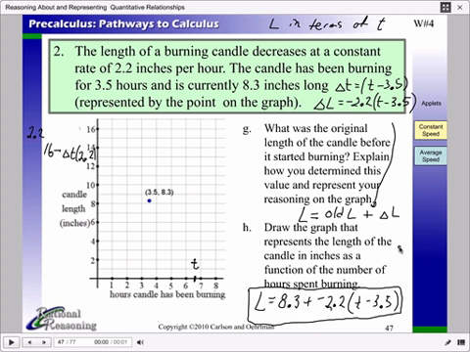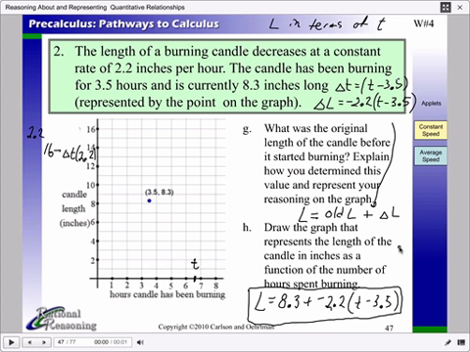Then we have the old L plus the change in L, which gives us the value of the length given the value of the time. Anybody have a question? If you can make a bridge from the way you understand it to the way I'm trying to show you, that's what we're going for.